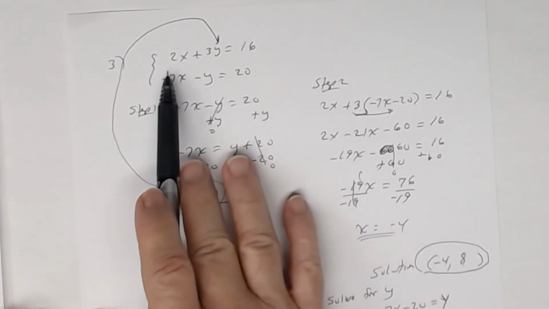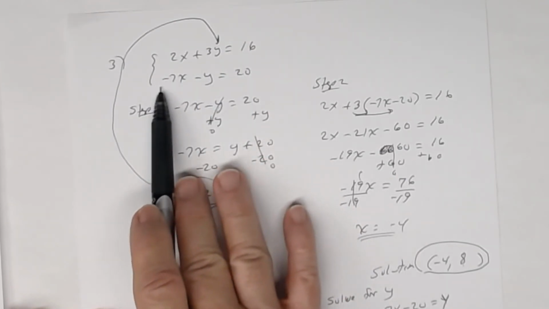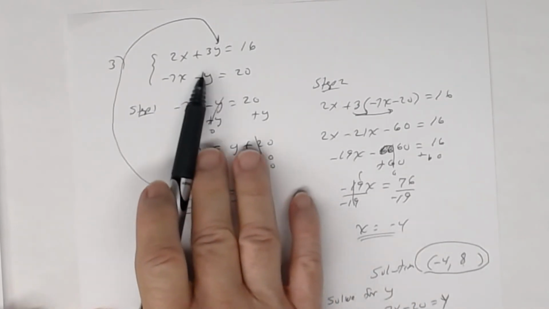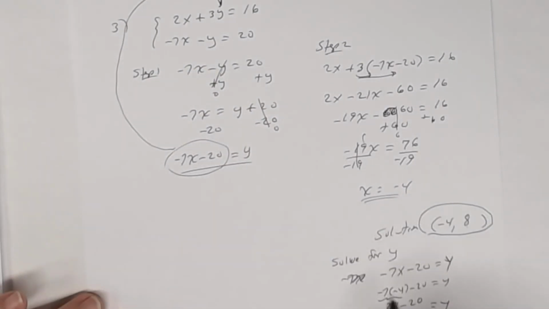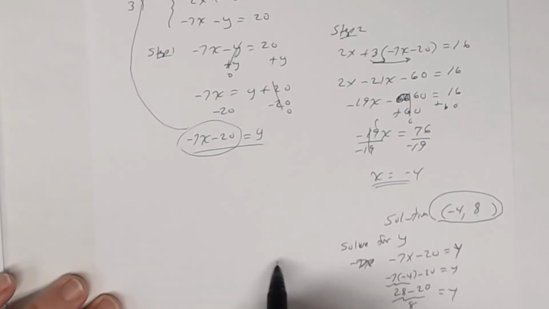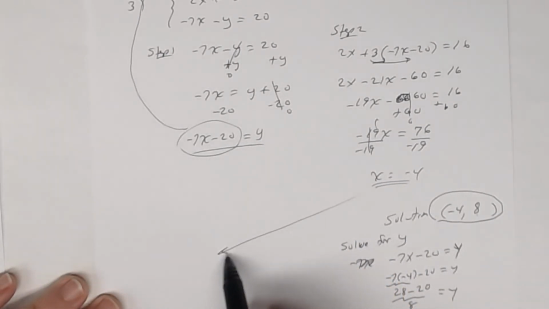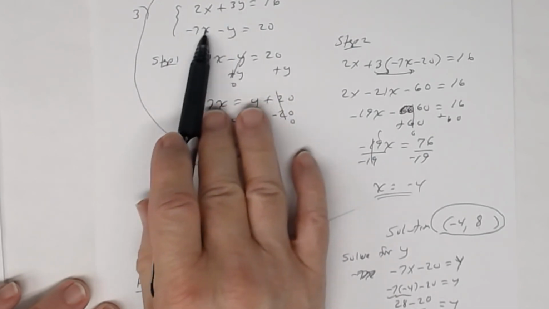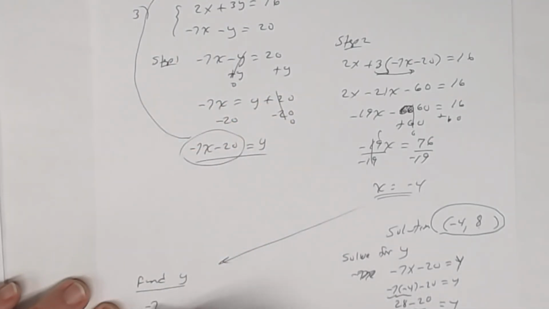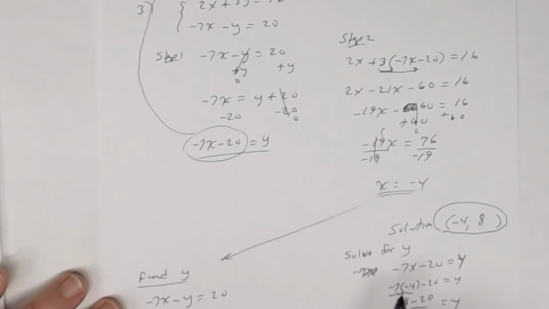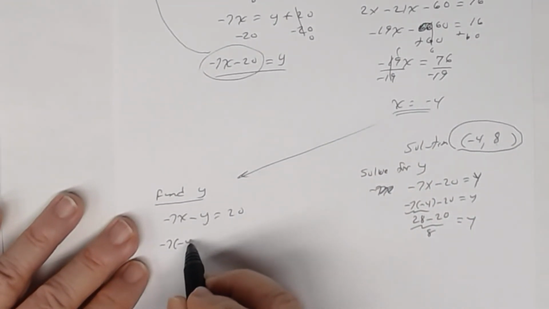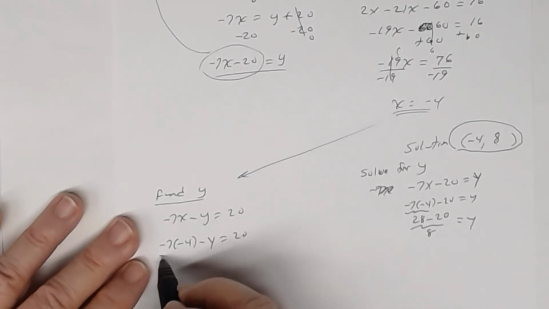But if you go back to any of these other equations and substitute negative 4 for x, it does not matter which one, you'll still get the same answer. So let me show you. Say you want to find y using the equation negative 7x minus y equals 20. In place of x, substitute negative 4. So negative 7 times negative 4 minus y equals 20.